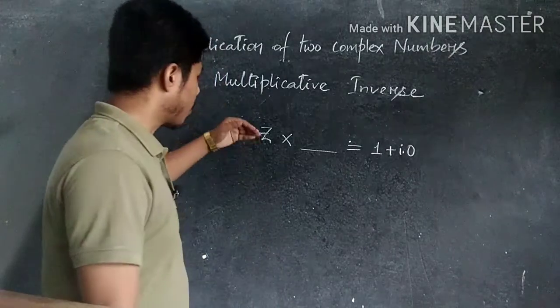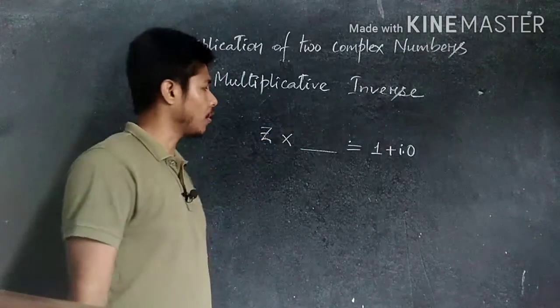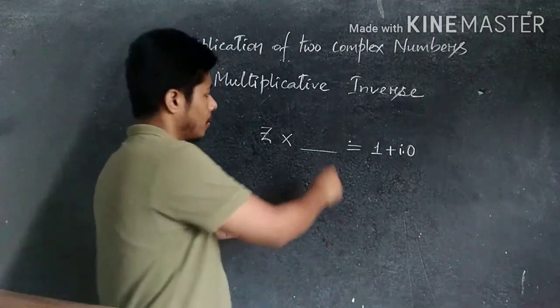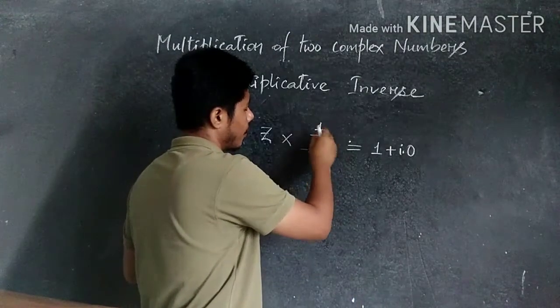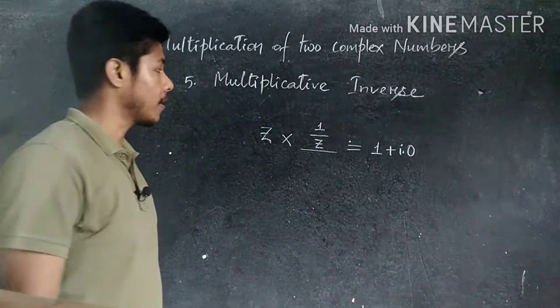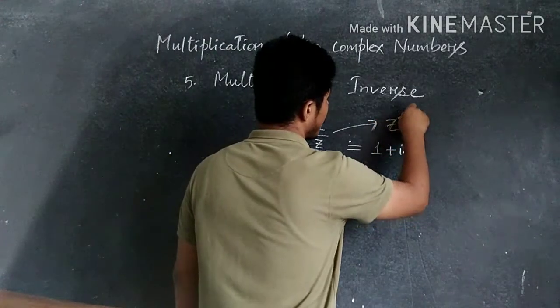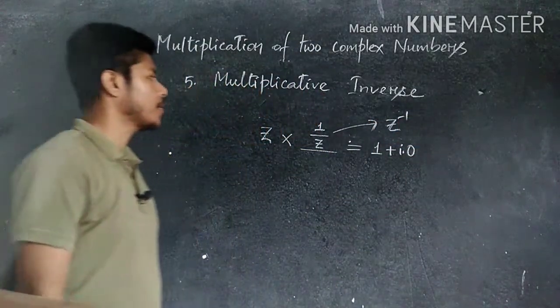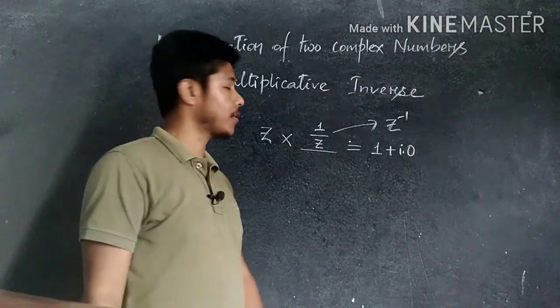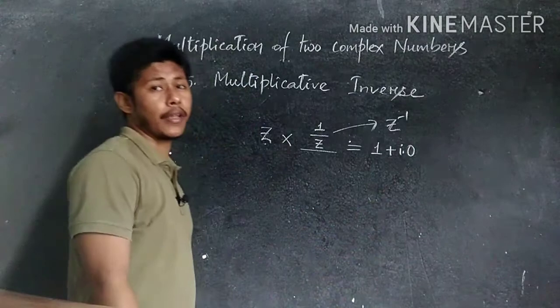So what do we multiply with the complex number to get the result 1? Obviously, like the real number, we have to write 1 by z. This 1 by z we can also represent as z inverse. So z inverse is the multiplicative inverse.